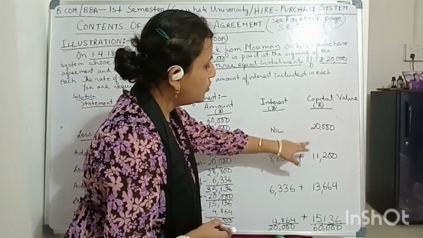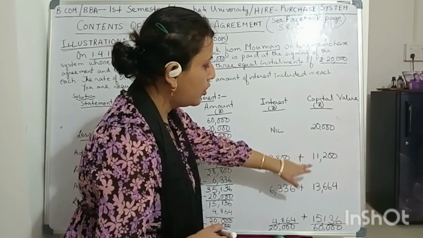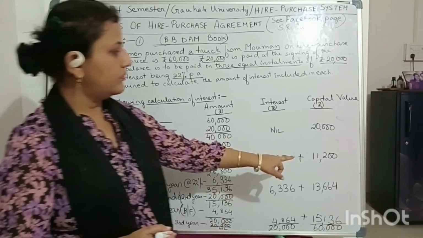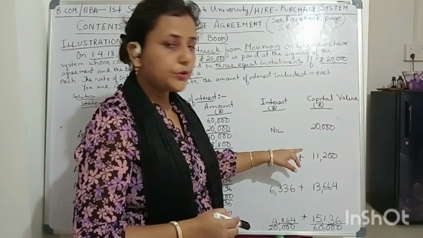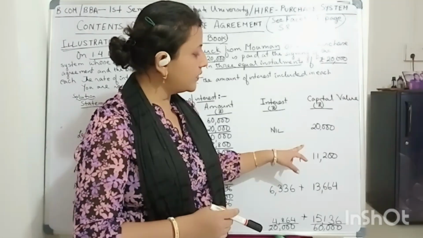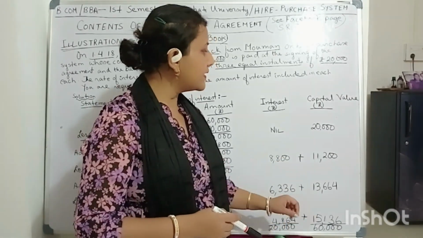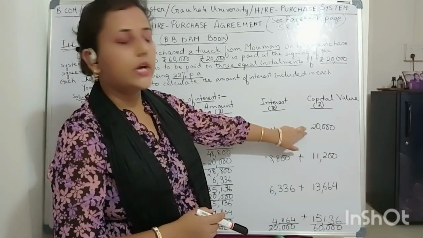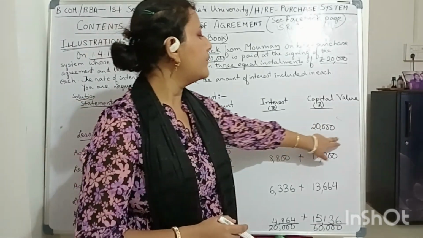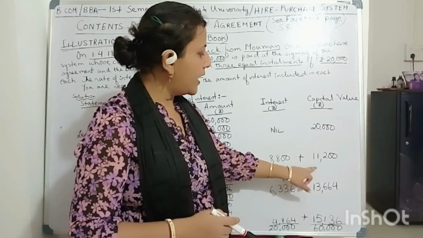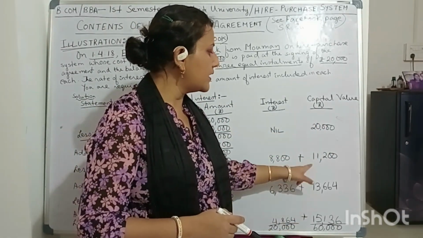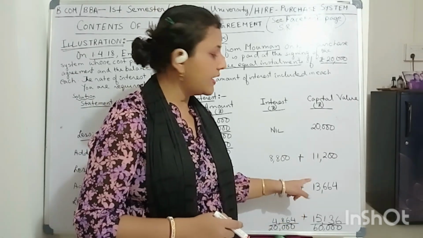And if you add up all the cash price, a portion of the cost of the goods, you will get 60,000, including the value of down payment. This is the value of down payment, plus a portion of the cost of the goods in every installment.